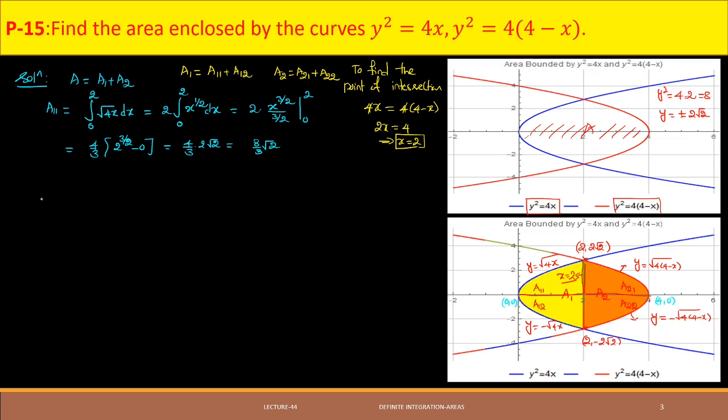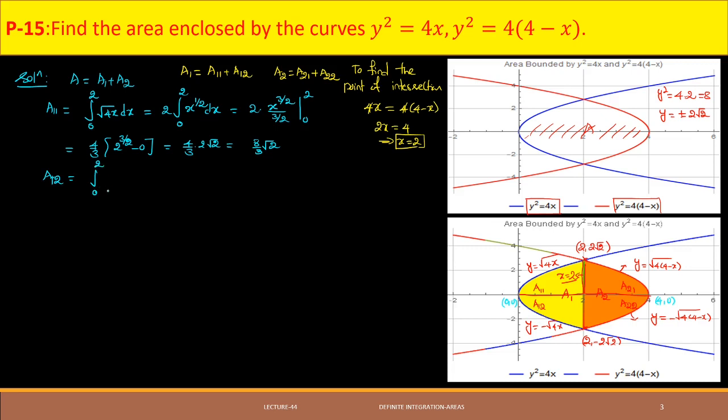Now let us find out A12 as well. This portion of the curve is under minus root of 4x. So the integral for finding that area is 0 to 2.